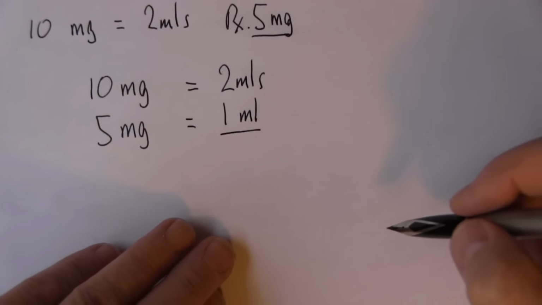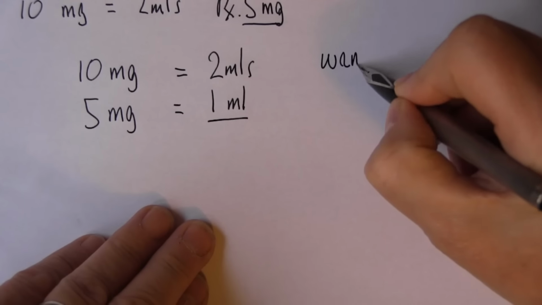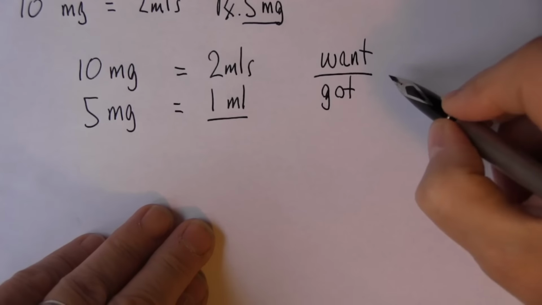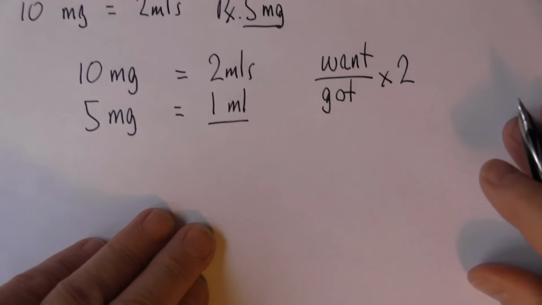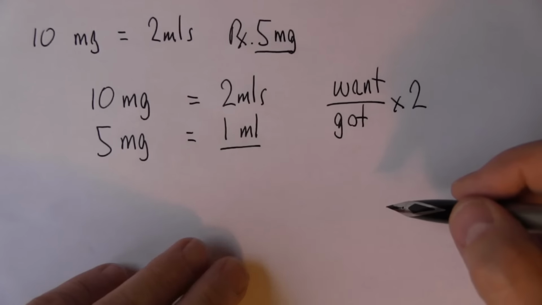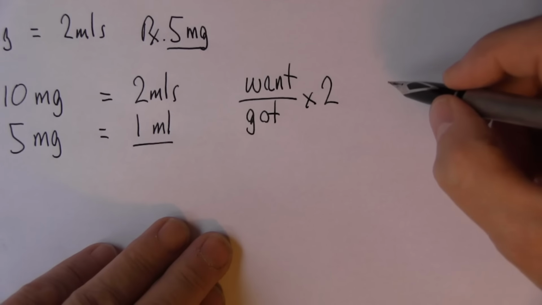And we can check using the want got in. What we want over what we've got times what the original solution was in, which is 2 mils. And then we can substitute the components for that. So what we want is 5 milligrams.